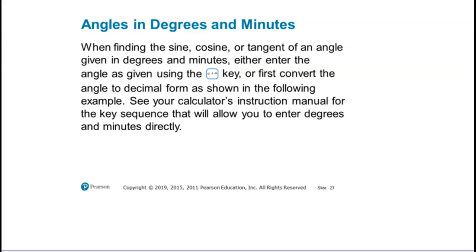Okay, let's move on to the next slide, and we're going to talk a little bit about finding sine, cosine, and tangent when given in degrees and minutes. One important thing is to make sure that your calculator is in degrees, and I will show you on my calculator.